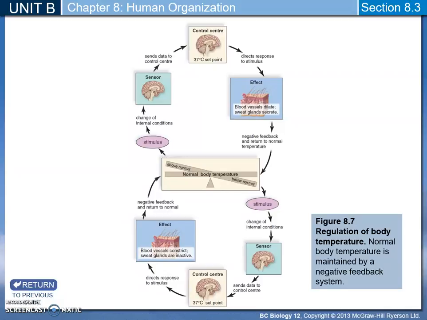Generally speaking, when we're referring to blood vessels here, we're usually talking about the blood vessels to the extremities. In other words, the arms and legs.